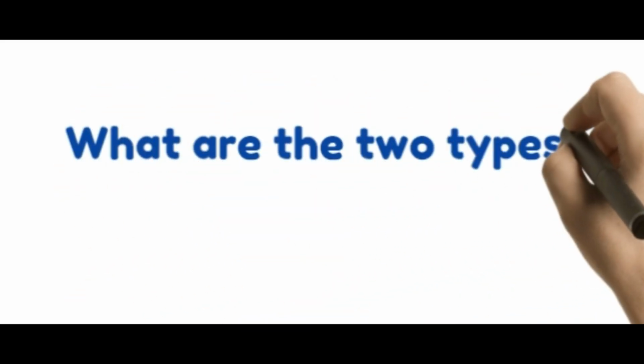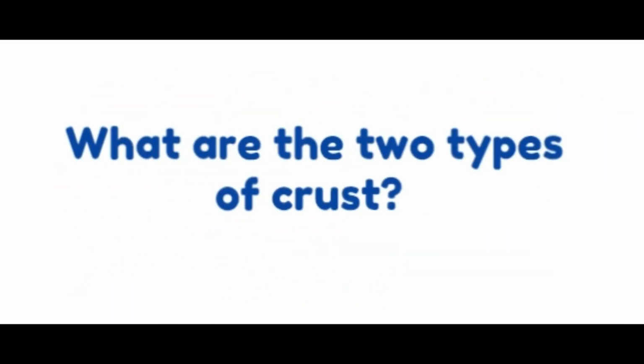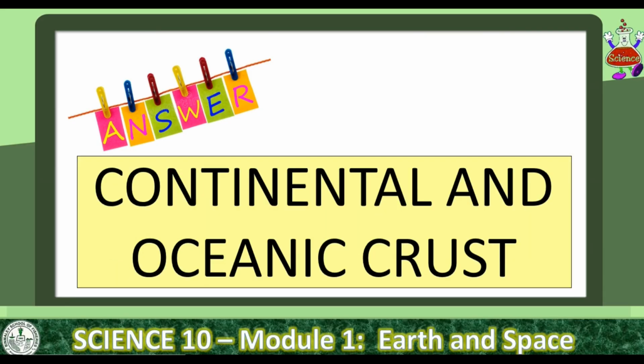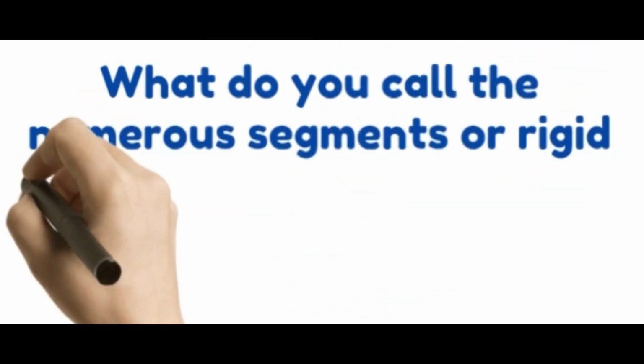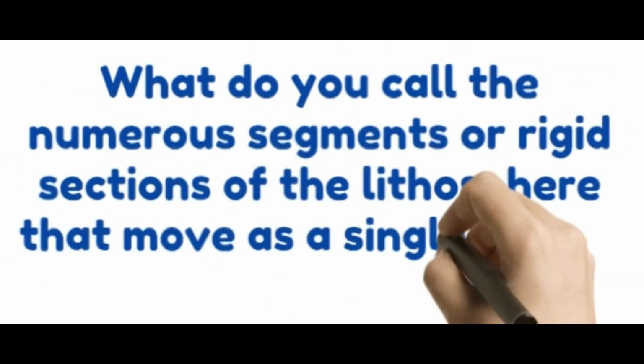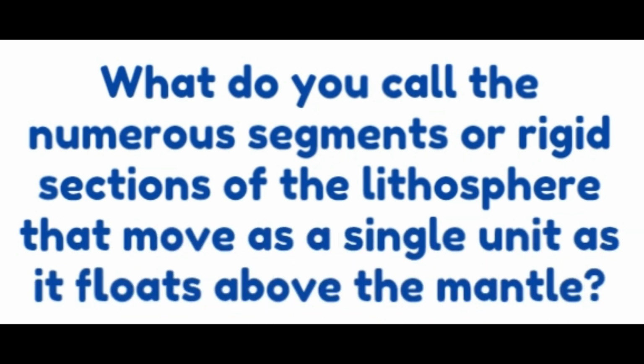What are the two types of crust? The answer is continental and oceanic crust. You got it. What do you call the numerous segments or rigid sections of the lithosphere that move as a single unit as it floats above the mantle?